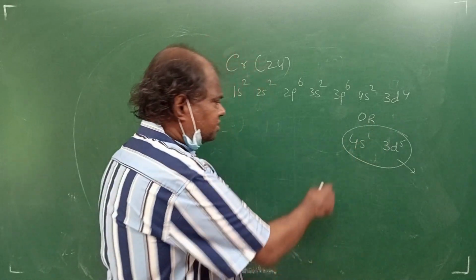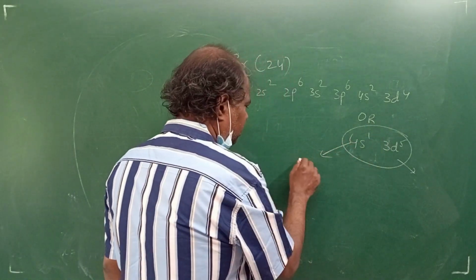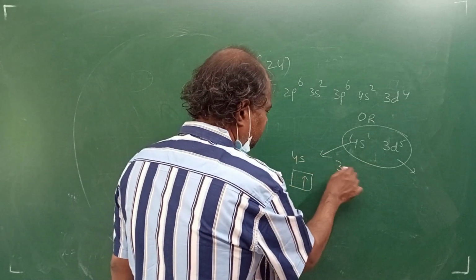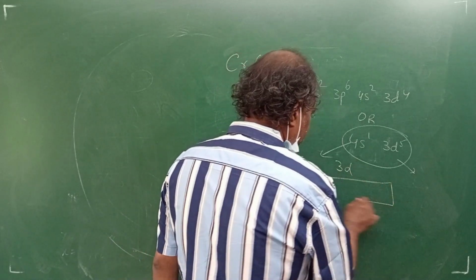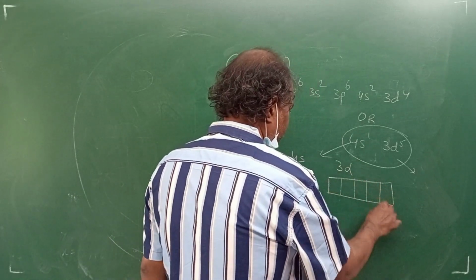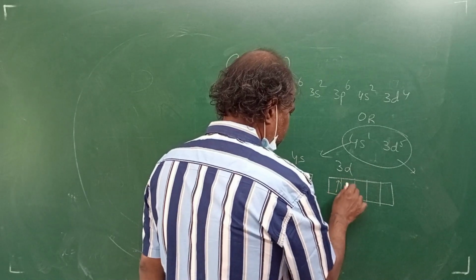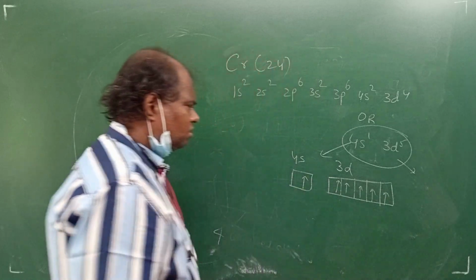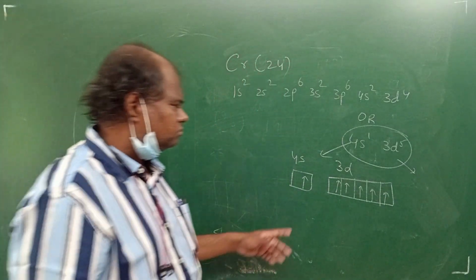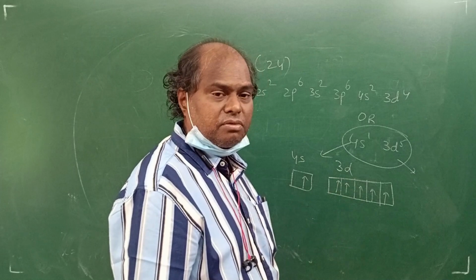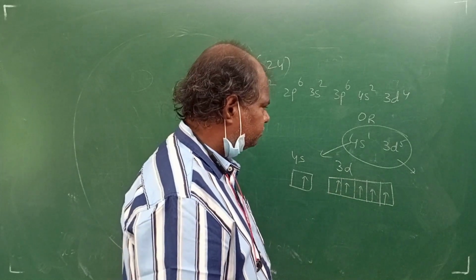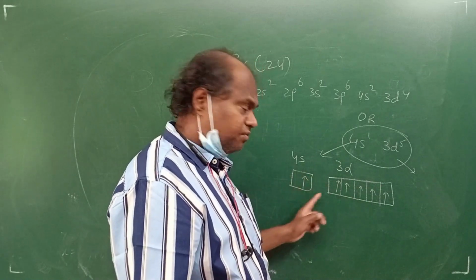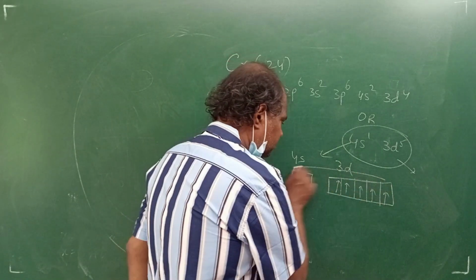Now let's draw the diagram. 4s1 means you draw the 4s orbital with one electron, then 3d5, 1, 2, 3, 4, 5. Now, for 4s1, 3d5, total how many unpaired electrons are there? 6 are there.